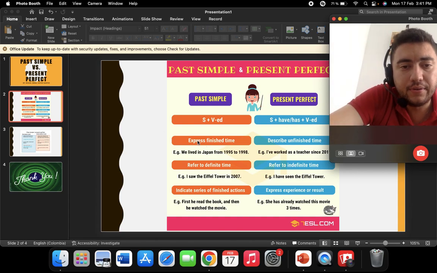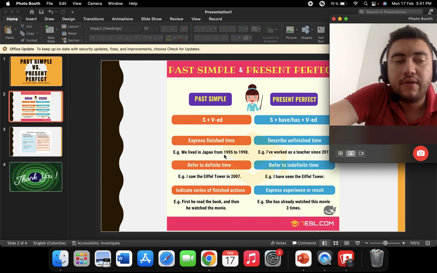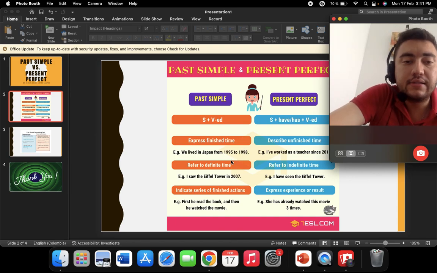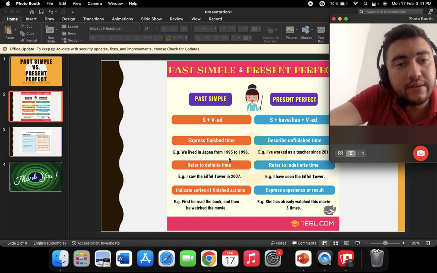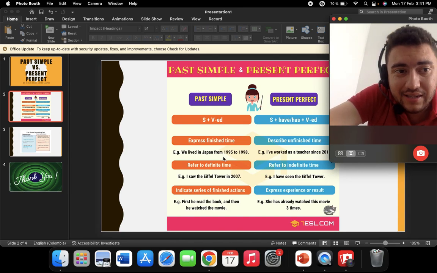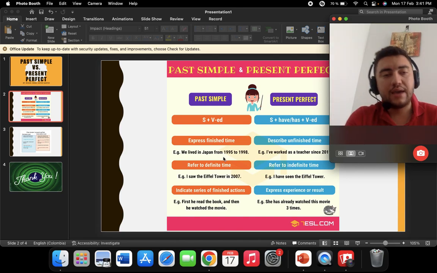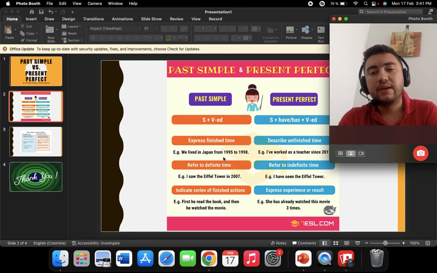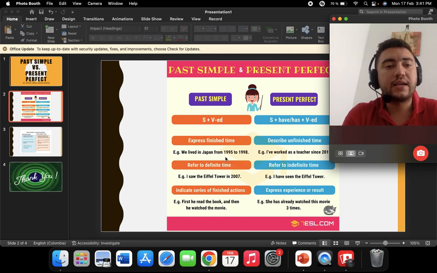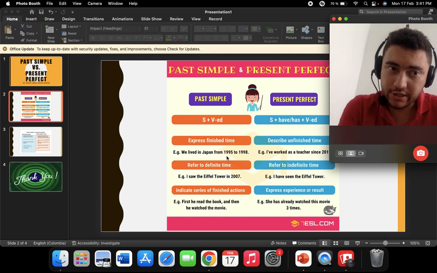Remember that past simple expresses finished time. For example, we lived in Japan from 1995 to 1998. In this case, we are using a specific time, a year.